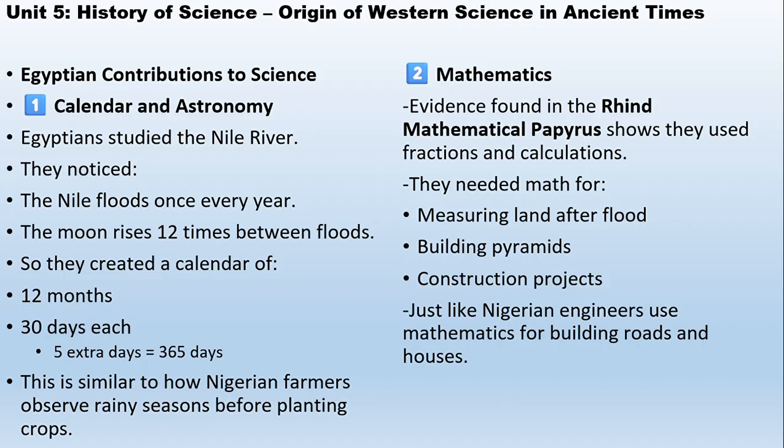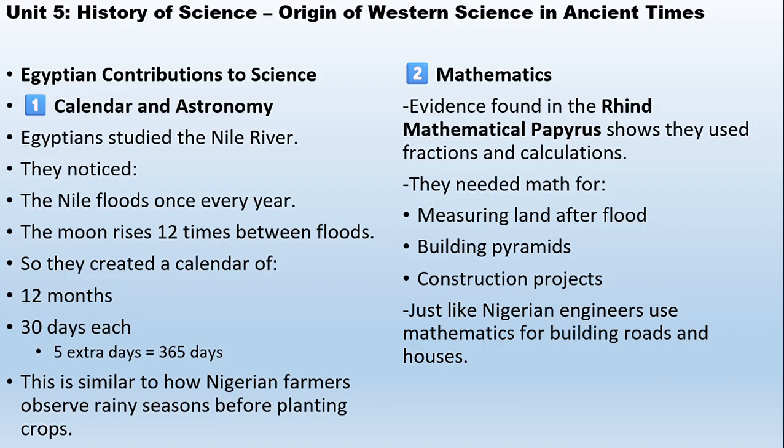So they created a calendar of 12 months, each month having 30 days, and gave an extra 5 days to make it 365 days. That was how they studied nature and contributed to science by creating the calendar.